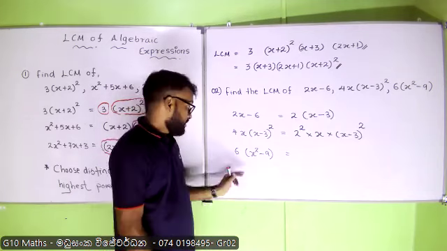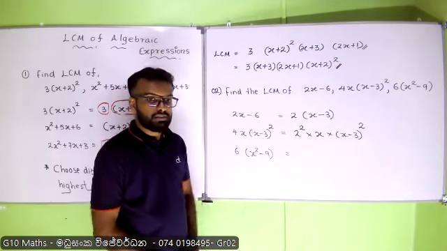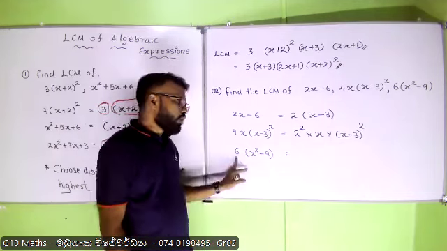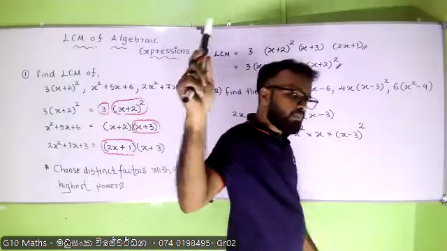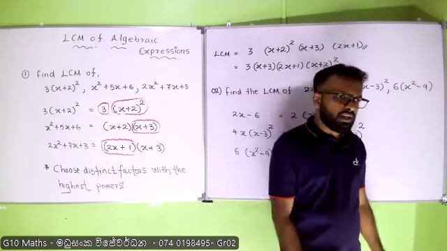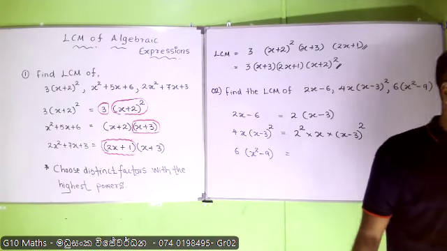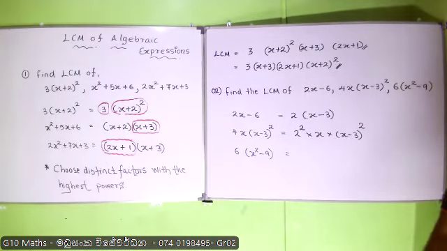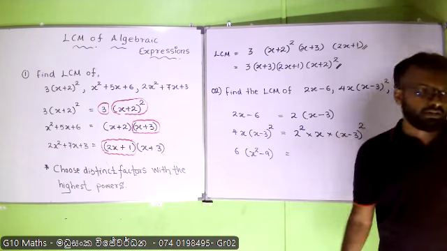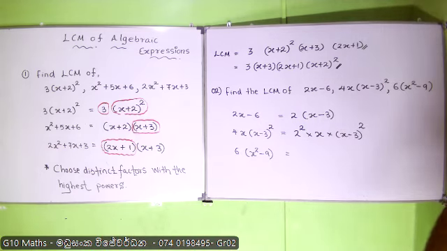Correct? And this one, how are you going to factorize? How are you going to write 6 by using the multiple of prime numbers? Can anyone tell me? Linu, how are you going to write 6 by using prime factors?